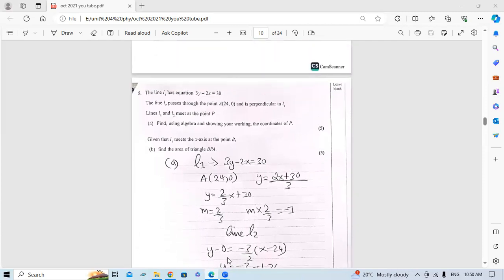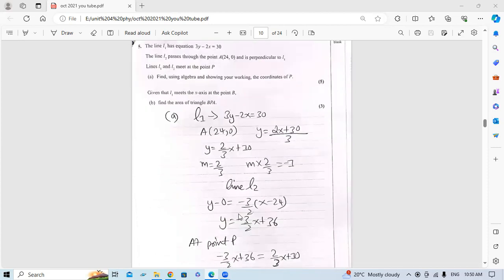For line L2, as it is perpendicular to L1, minus 1 by m will be the gradient, which is minus 3 by 2.